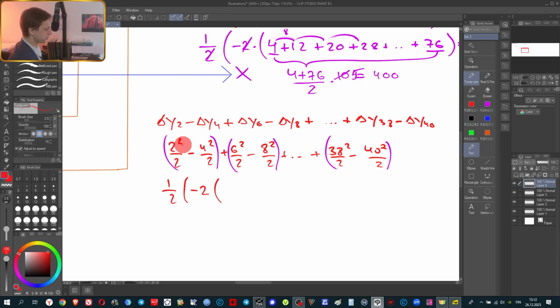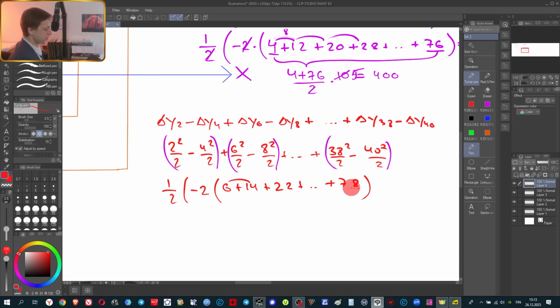It will be factored out of each of these differences, and the sum here is 6, the sum here is 14, and so on. Obviously, the next sum will again be plus 8, so 22, and so on, and the last sum here will be 78. And again, each jump here is plus 8, and if we calculate it correctly, the distance between 78 and 6 should be divisible by 8, which is obviously the case.